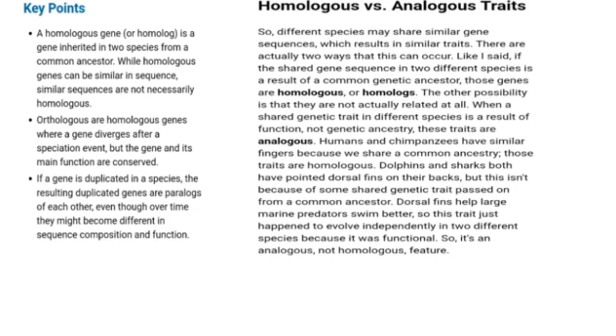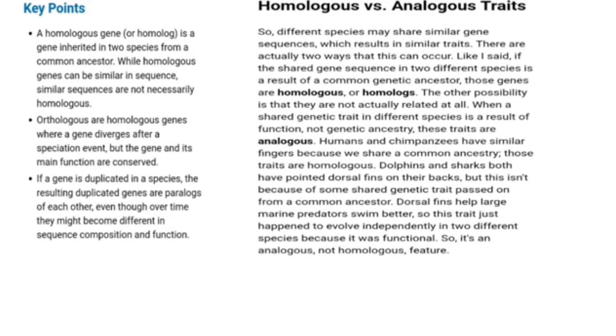So you say it's analogous. All right? Example: human and chimpanzee have similar fingers because they share a common ancestry. So those fingers in human and chimpanzee are homologous.